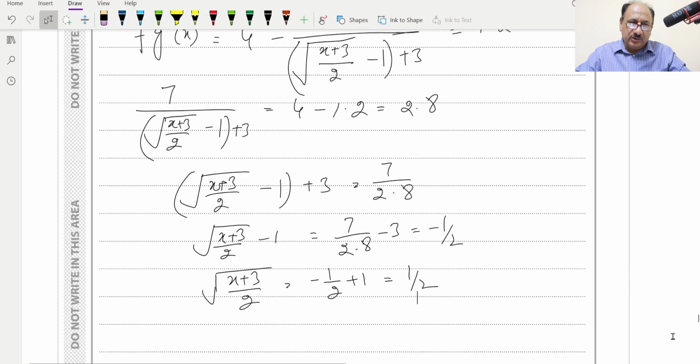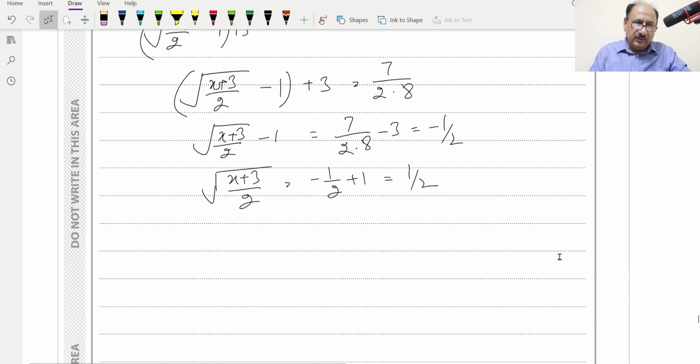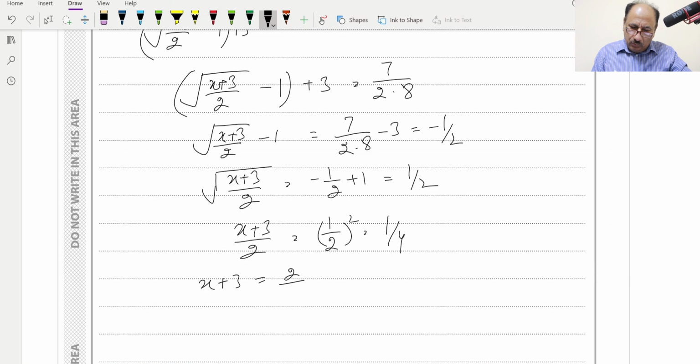Taking square on both sides, (x plus 3) over 2 will be equal to 1 by 2 squared, which is equal to 1 by 4, and now we can cross multiply. x plus 3 is equal to 2 over 4, which is equal to 1 by 2.